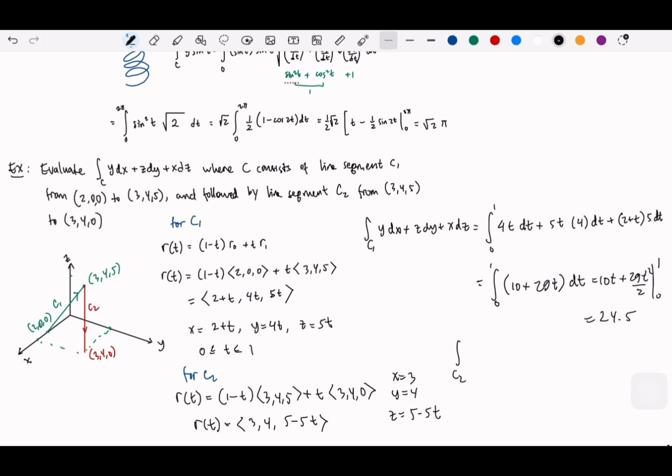So using C2 to integrate, y is 4, dx is just 0. Because y and x are constant, every dx and dy becomes 0. So we only have x dz, where x is 3 and dz is negative 5 dt. So we only have this, which is negative 15, right?